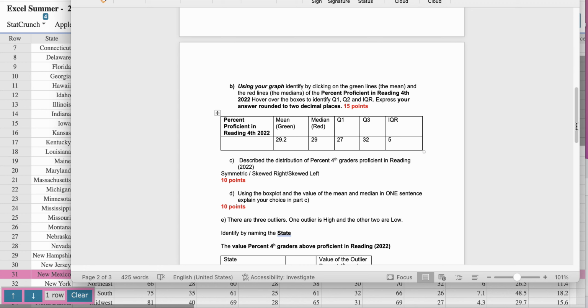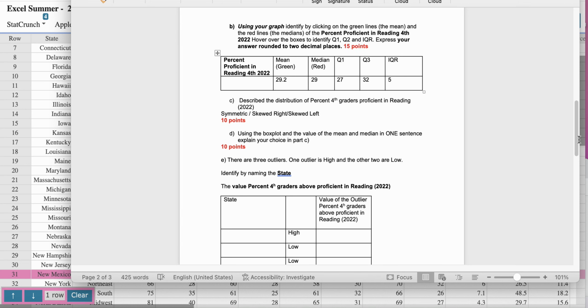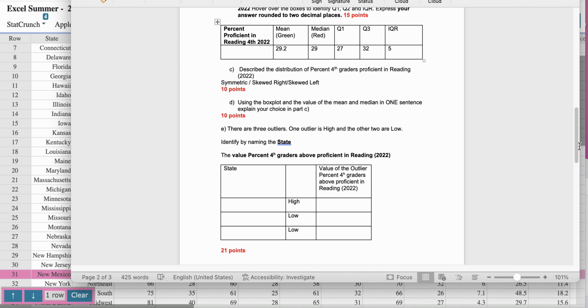So that's the one sentence to explain it. The mean and median are approximately equal, and the median is in the center of the box. There are outliers.